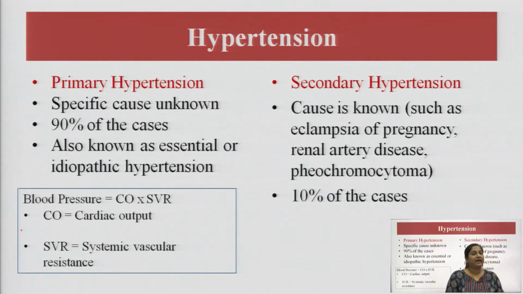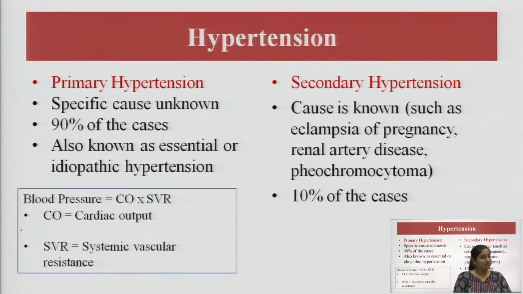Now, there are two types of hypertension, that means the higher BP. We are talking about higher BP here, we are not talking about the lower BP. It can be called higher BP, it can be called hypertension, anything.